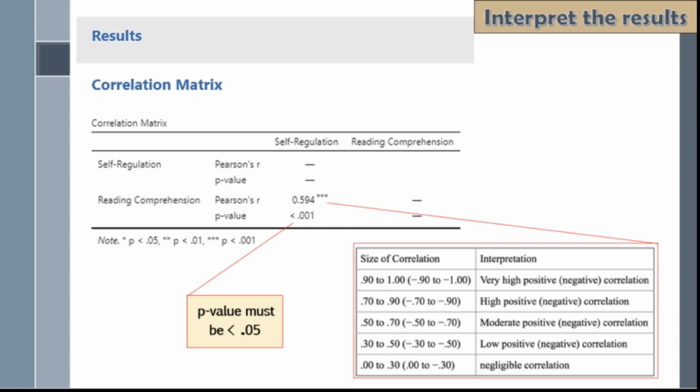If we got 0.30 to 0.50 or -0.30 to -0.50, it is low positive or negative correlation. And if it's 0.0 to 0.30 or 0.0 to -0.30, it is negligible correlation. And as for our result, it falls into moderate positive correlation.